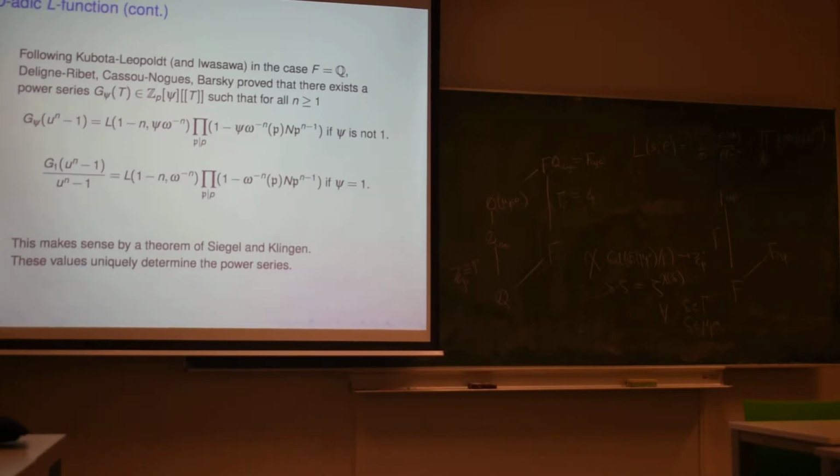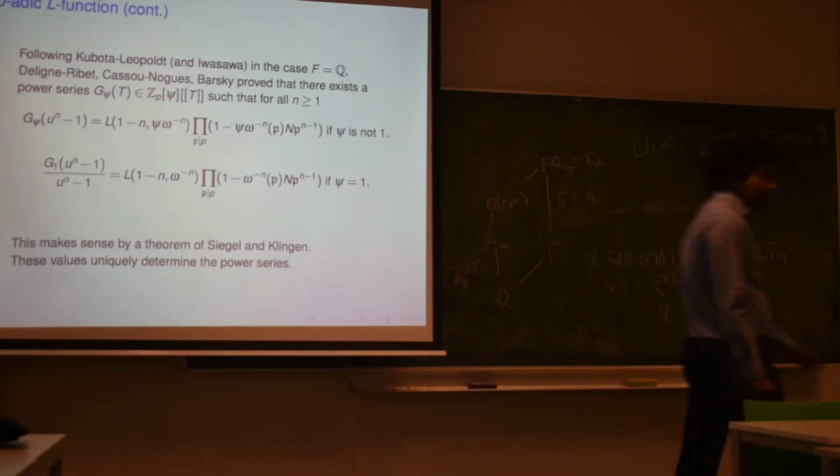So it's a slightly delicate point, but the important thing is that these are algebraic numbers. So this is algebraic, that's algebraic, and using fixed embeddings of Q bar into C and Cp, I can make sense of this equality.